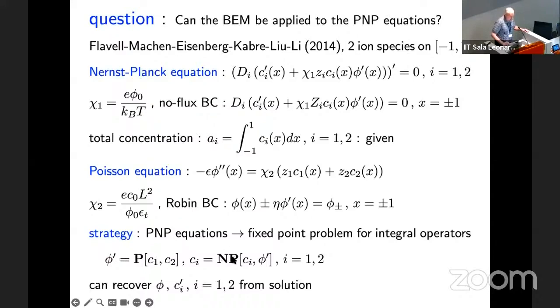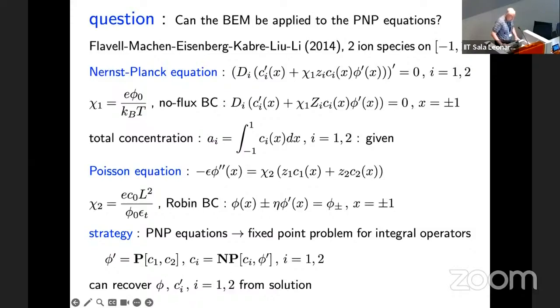The other operator, NP, takes the ith ion species and the potential gradient, and produces the ith ion concentration. If you did a finite element method, you would do Gummel iteration, iterating between the two equations. Here, we're going to iterate between the integral forms of the two equations. Once it converges, you can recover the potential and the concentration gradient by a separate calculation.